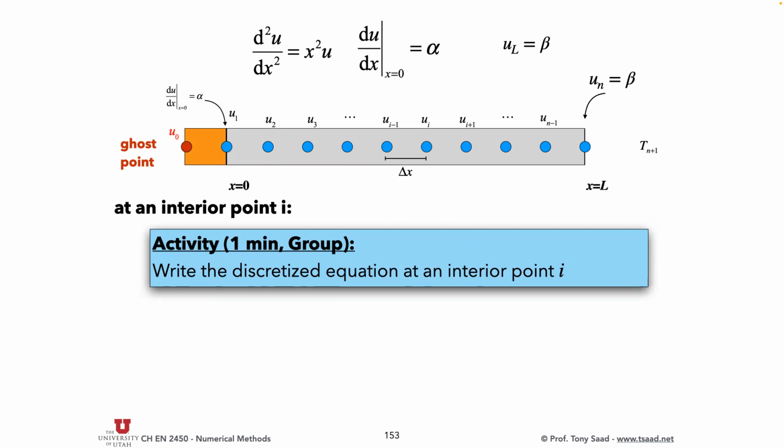X squared, yes, good job. Multiply out by delta x squared and give me the generic formula for the discrete equation at all interior points.